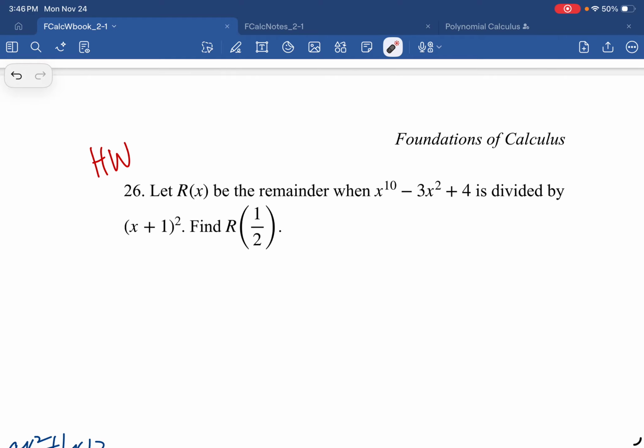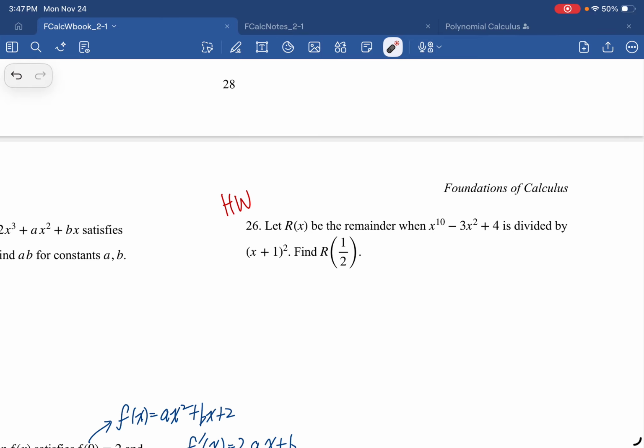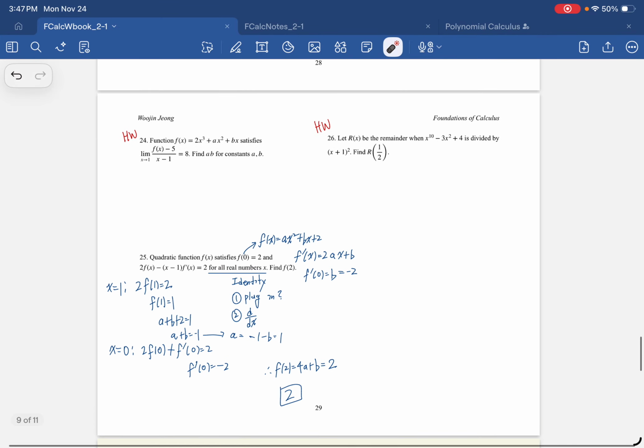But how can we find that other equation that completes a system of equations about A and B, right? So we need two equations. We can get one from plugging in -1, but for the other one we would need to differentiate both sides and then plug in -1. So I would use that approach for solving number 26.